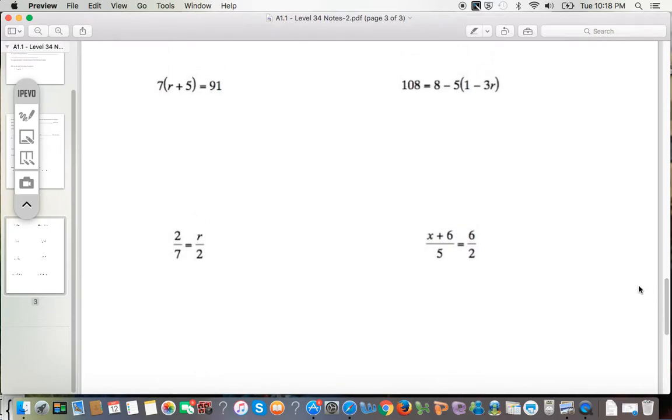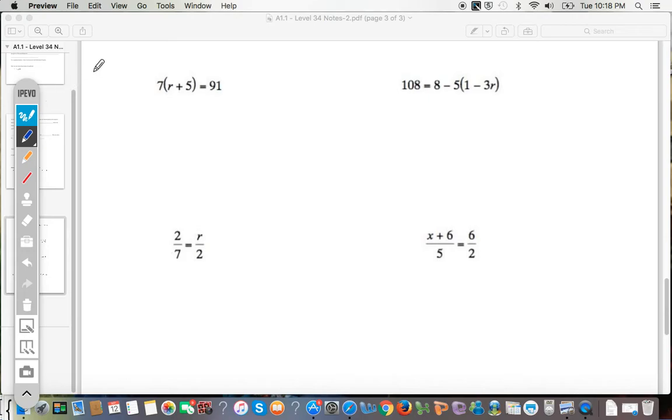Okay, let's do these two. So, look at this one right up here. We know we have to use the distributive property. And why is that? It's because we have parentheses and a term being multiplied by that term in parentheses.